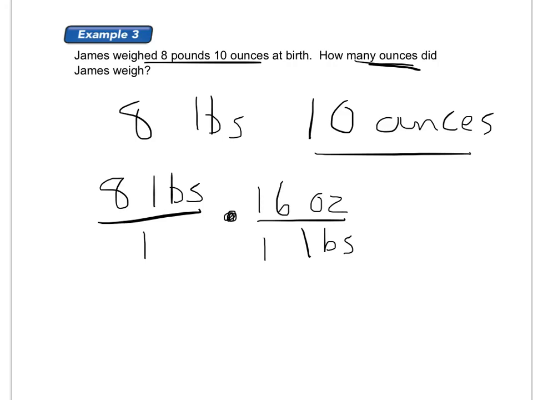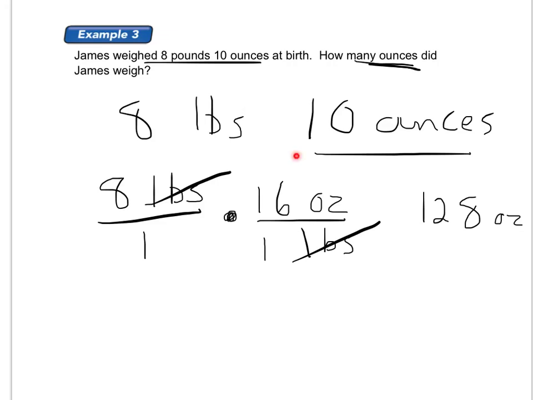So again, I'm going to multiply. Labels cancel. And then 8 times 16: 8 times 6 is 48, and if I carry the 4, 8 times 1 plus 4 is 12, so 128. And then we've got ounces. And on the bottom, 1 times 1 is just 1. So we just have 128 ounces.